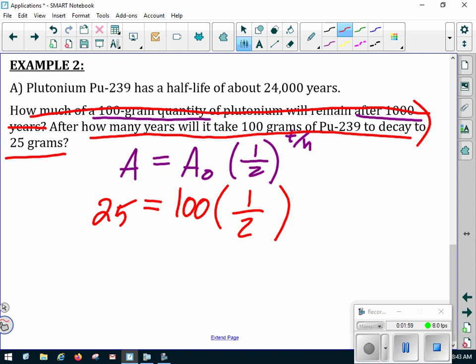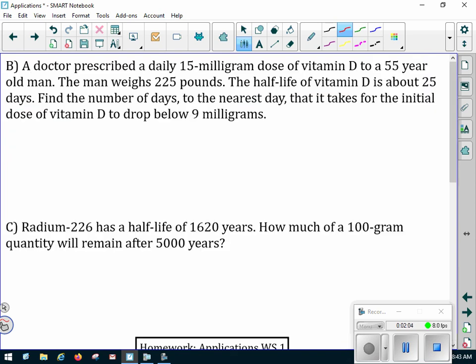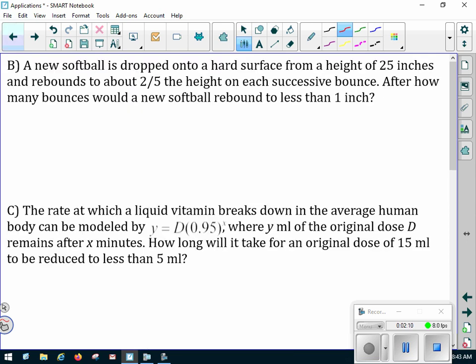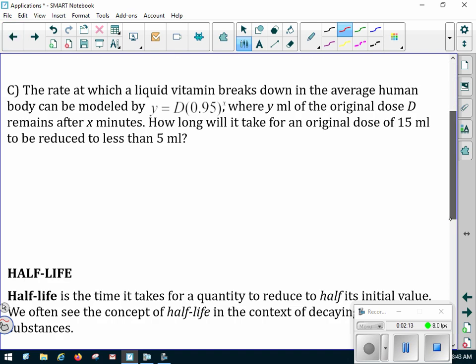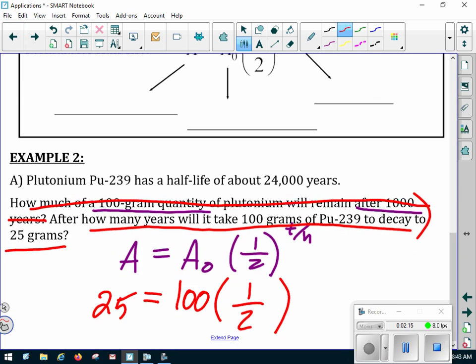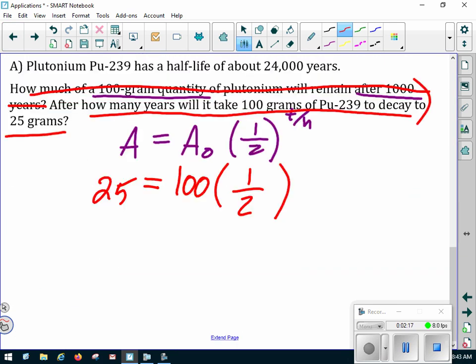Now, what are we looking for? The number of years. So don't start. Are we looking for T or are we looking for H?